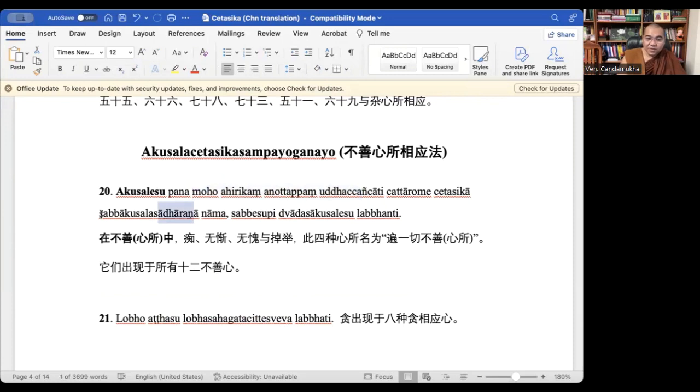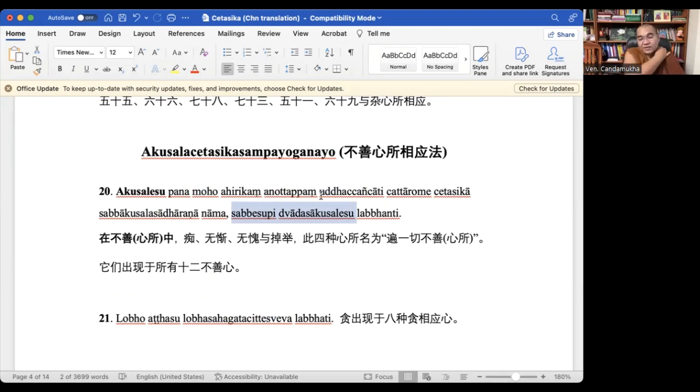It means Sabbe pi Dvadasa Akusalesu labbhanti. These four are available in all 12 Akusala Citta. By the time Lobha arises, Moha is also available, Ahirika available, Anottappa available, Uddhacca available.